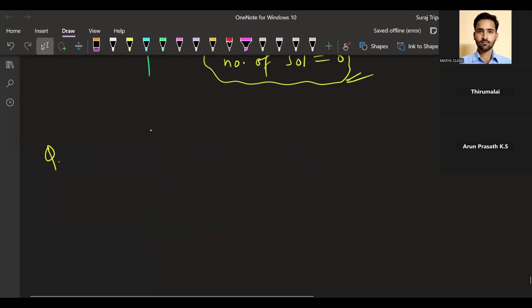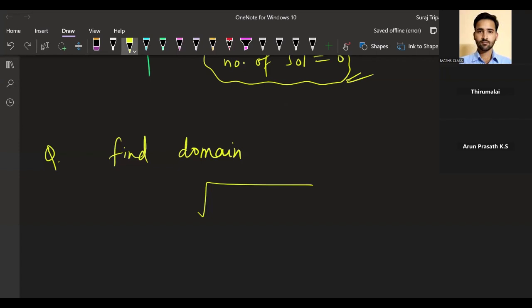The next question is find the domain of root of cos of sin x.